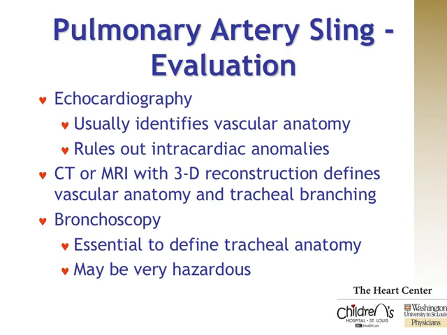But some of these kids will have anomalies of tracheal branching, say a right upper lobe bronchus taking off the mid-trachea, a bronchus suis or a pig bronchus, and then an area of complete rings down to the true carina, and it's at that level that you see the pulmonary artery sling.